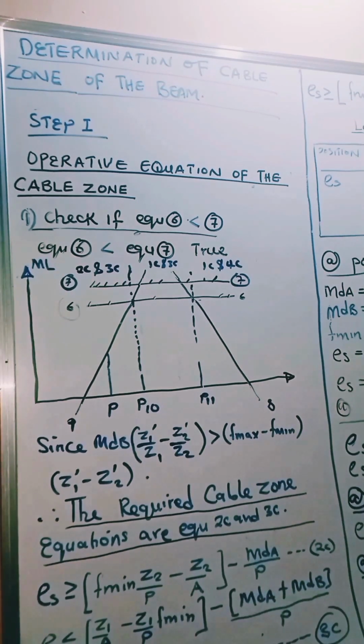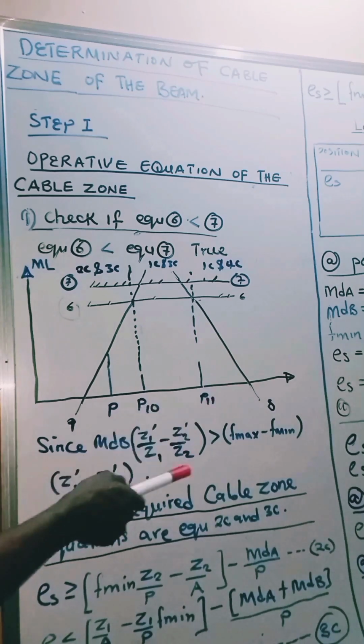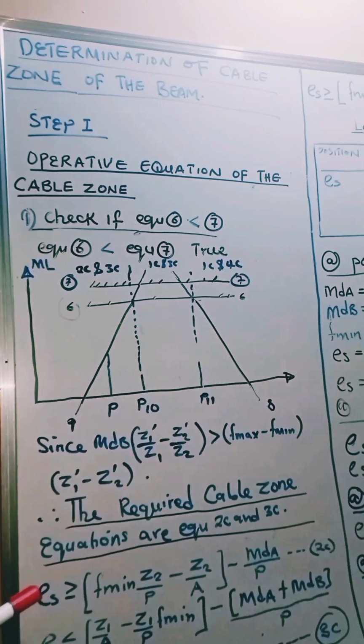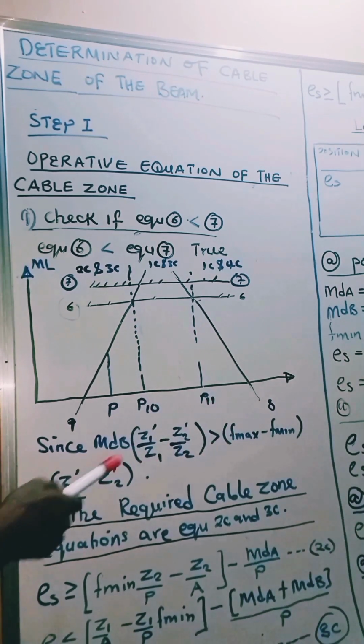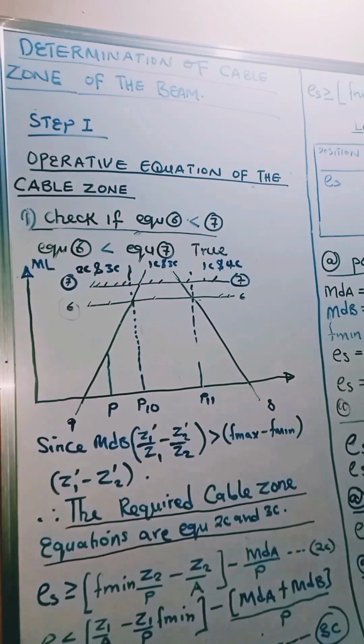Now, we also know that on that same condition, we'll have MDB bracket Z1 plus Z1 greater than F maximum minus F minimum, Z1 prime minus Z2 prime. So that is for a case where we have equation 6 lesser than equation 7.